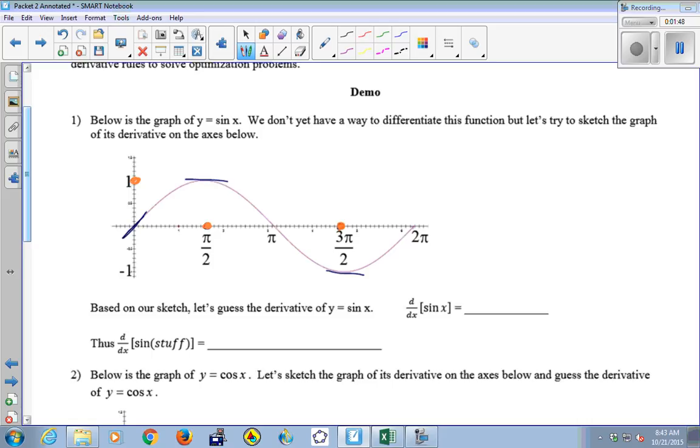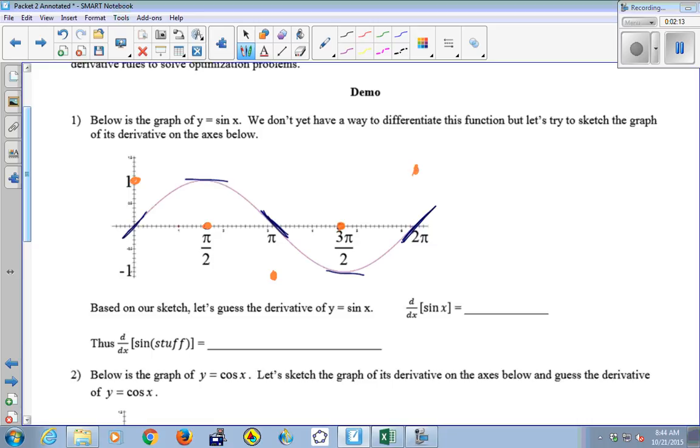And then how about if I draw a tangent line right here, what slope does that look like? -1, approximately -1. And then I've got one more. If I were to continue this sine curve, I would have a tangent line right there that again looks like it has a slope of 1. So plot that one.